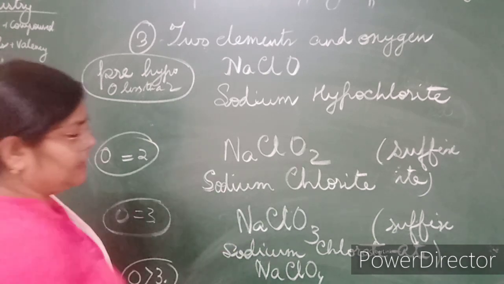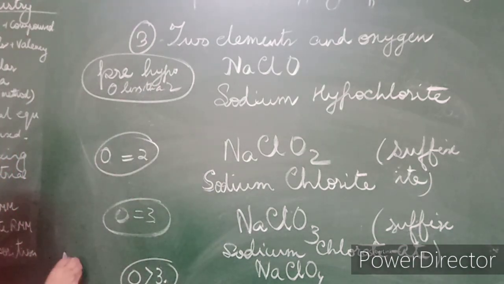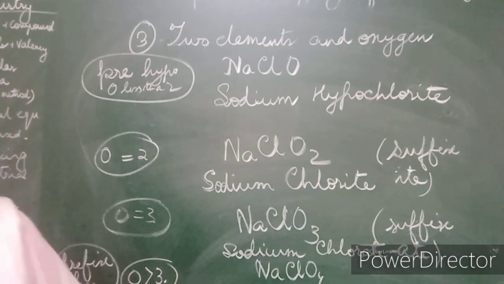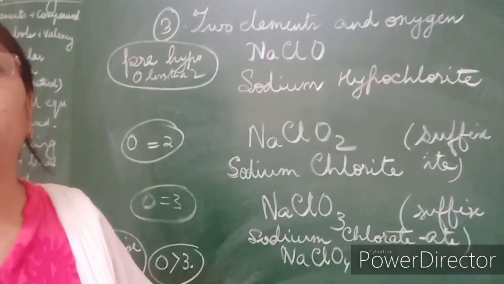So how will we name it? We will use the prefix per, which is used when the number of oxygen atoms is more than 3.